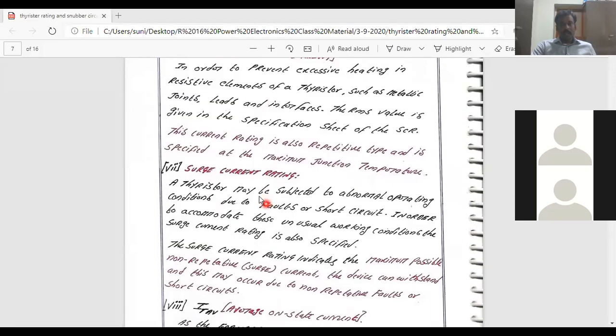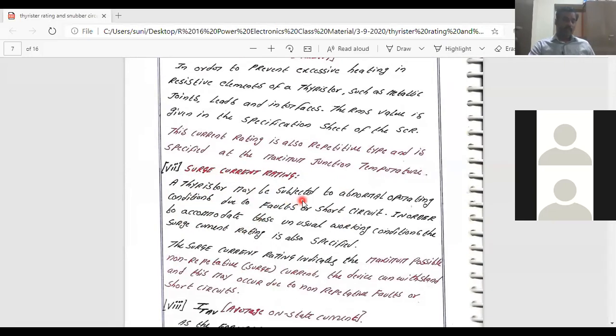Then the surge current rating. This surge current rating is an abnormal value. So what does this abnormal value mean? It may occur at one or two instants, or may not occur in the operation. But the device is to be defined for this abnormal value also.